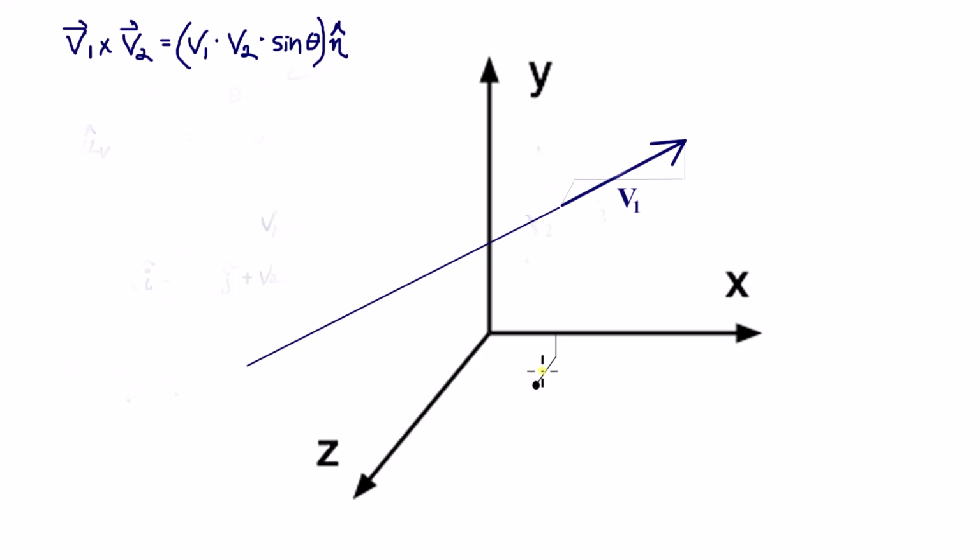Now we're going to draw a position vector from the point to anywhere along the line of action of the force. Let's do it here. This is a position vector R.